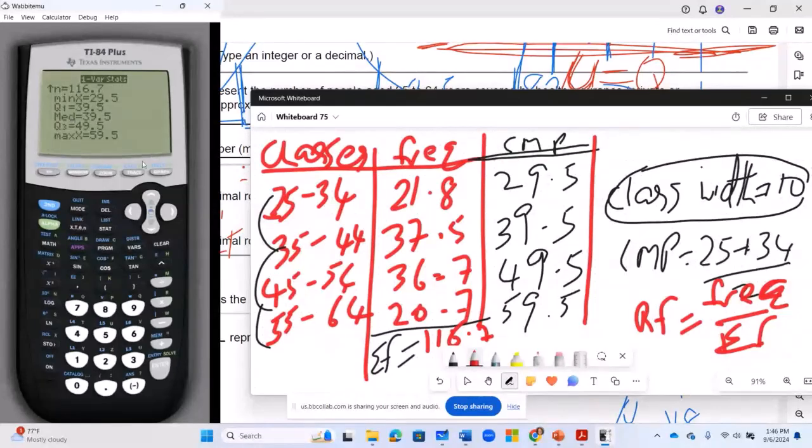By the way, we were looking for the median. Now, is the median smaller or bigger than the mean? The median is 39.5. Let's go up again. What is the mean? The mean is 44.3 and the median is 35.4. So what do we conclude? The mean is greater than the median.